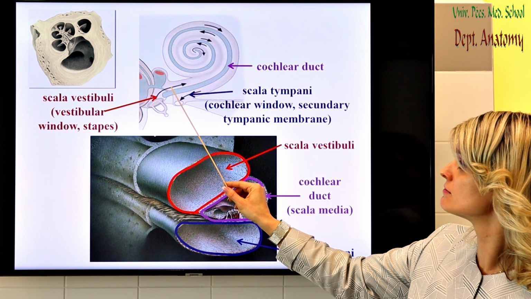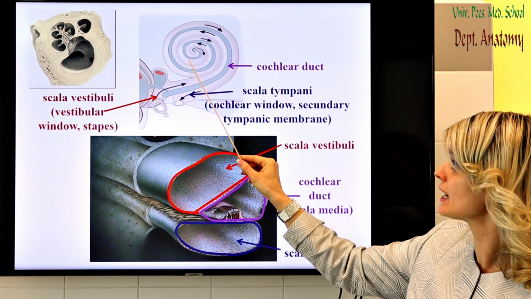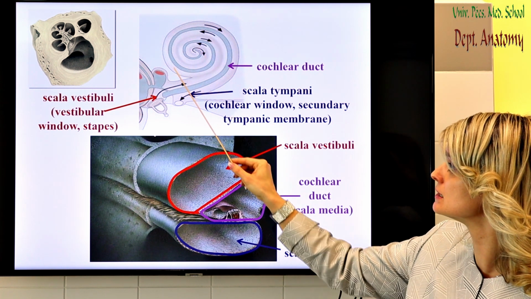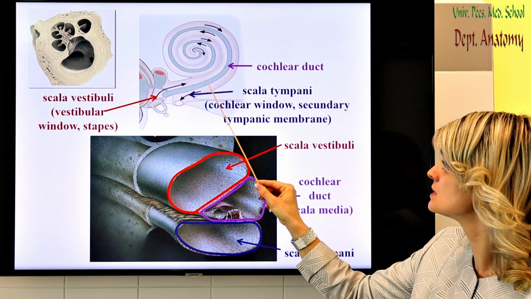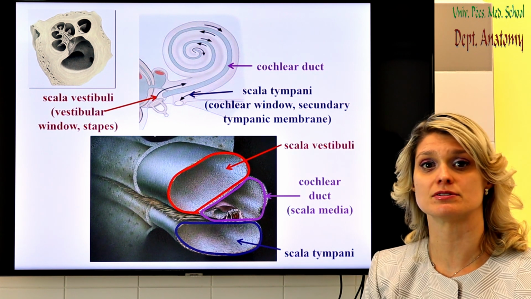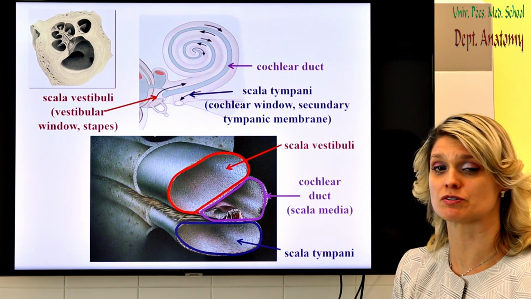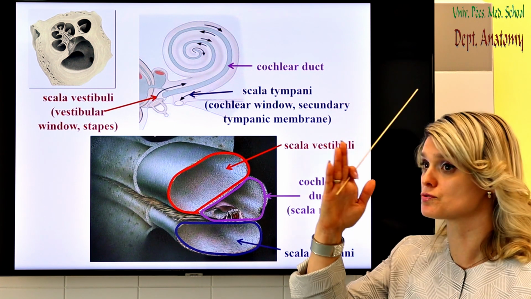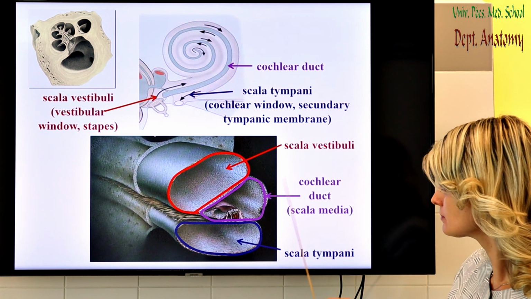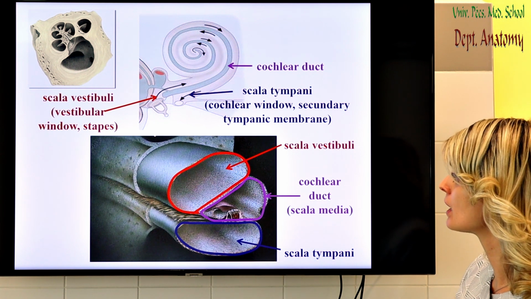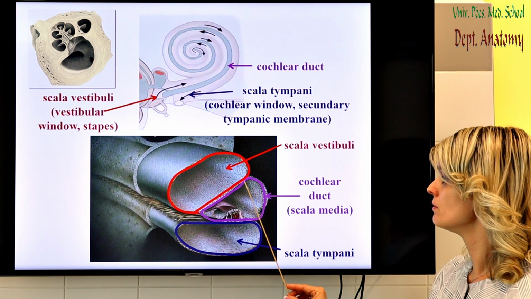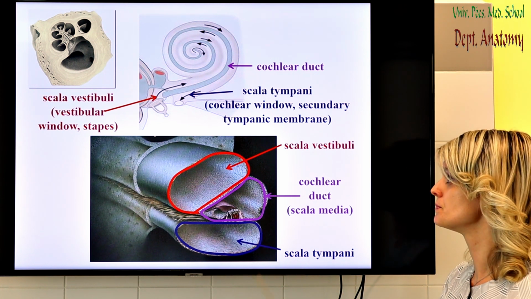You see the scala vestibuli is going up, and there it will turn back and continue as the scala tympani, and the scala tympani will finish at the cochlear window where we have the secondary tympanic membrane, which will withdraw the useless waves of the perilymph. So here we can see the 3 main parts: the scala vestibuli, the scala media, and the scala tympani.